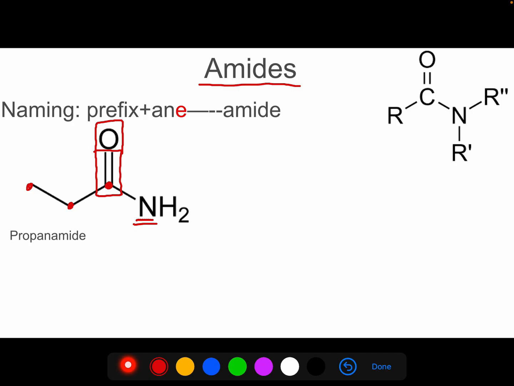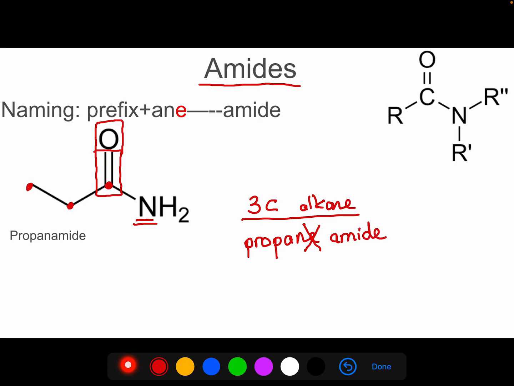Okay? So when we are naming the amides, we are going to count the carbons. 1, 2, 3 carbons. Remember, we are always naming starting with the alkane name. A 3 carbon alkane is propane, right? So we are dropping the E and we are going to add amide, propanamide.